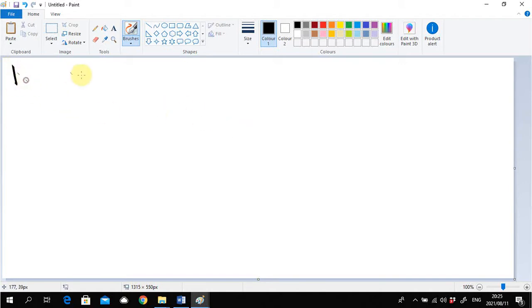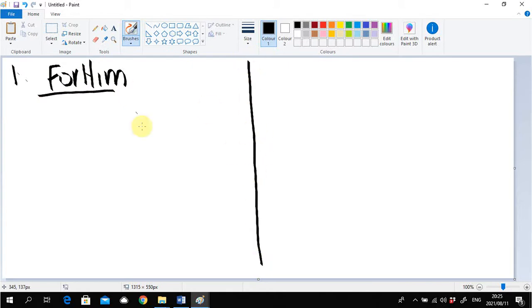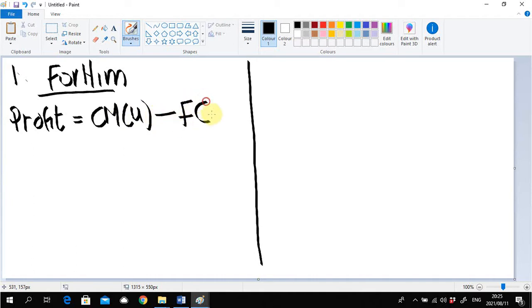I'm just going to split this page in two. For him, we need to see what the formula for profit is. Profit is the contribution margin times the units minus the fixed cost. That's the formula for profit, right?